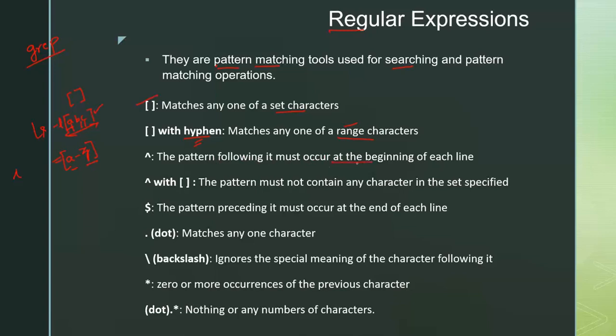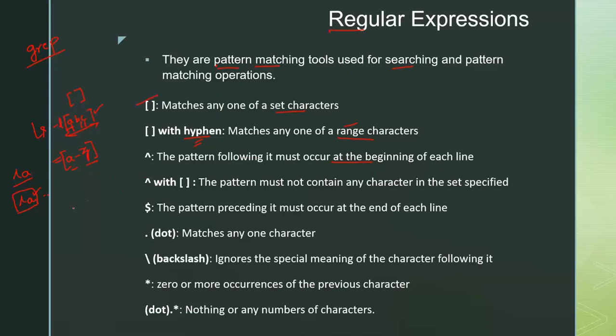So if you want to find any file name or any word that starts with A, in that case I'll be using something like this, caret A. What this represents is that it is going to identify only the file names that start with A. That is, the first character should be A, and it can have any number of characters after A. That type of representation can be used with the help of this exponent symbol.